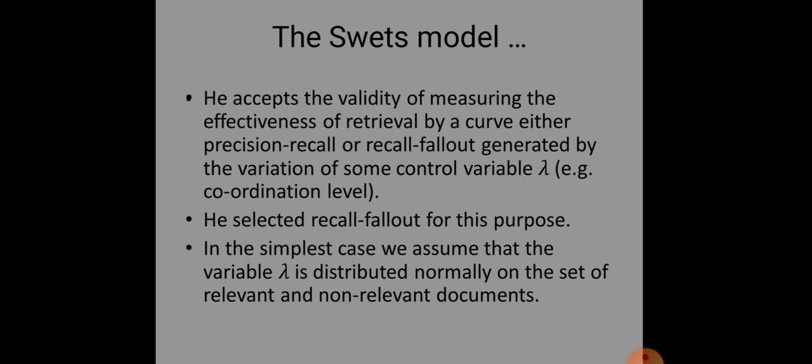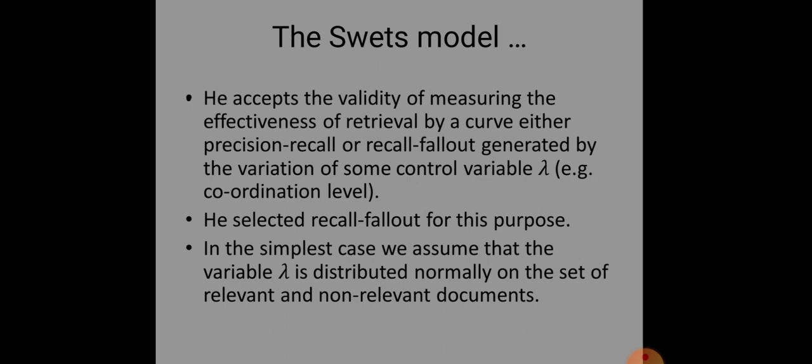In that way, up to this particular model, we were having two curves in order to visualize the performance characteristics of an information retrieval system. Those two curves were precision-recall, which we discussed, with precision on the y-axis and recall on the x-axis. But Swets accepted recall-fallout for this purpose.